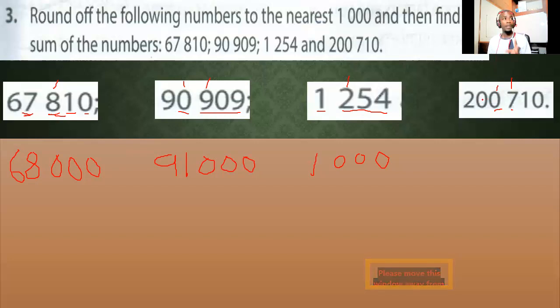So 0 plus 1, we've got 1. So our number is going to be 201. Then these 3 ones are going to be zeros. So it's 201,000. That's the first step of this question. Round off to the nearest 1,000.